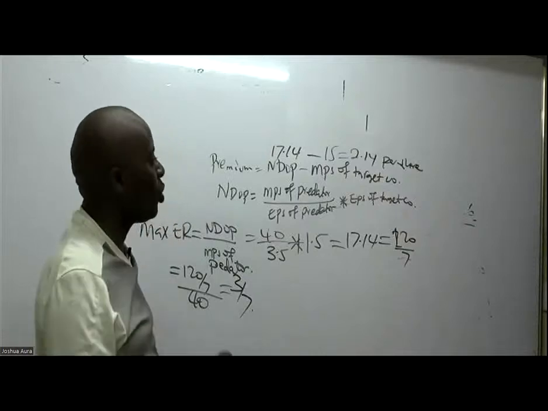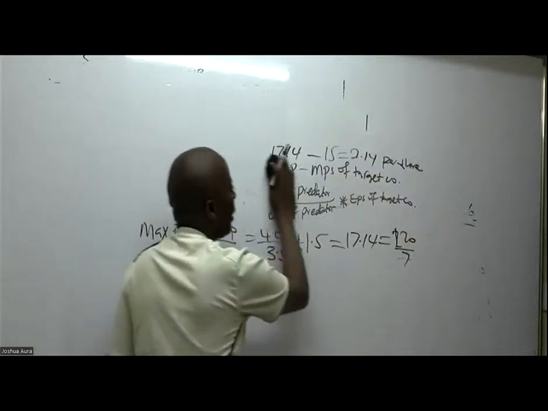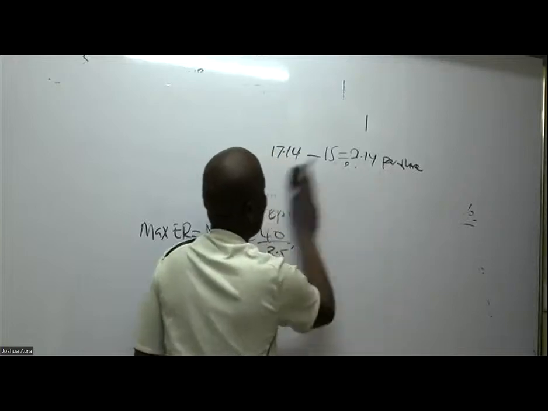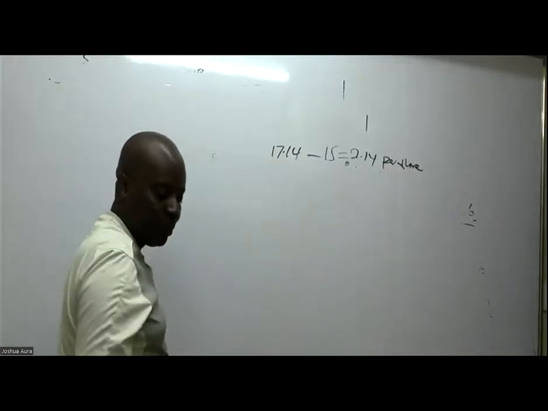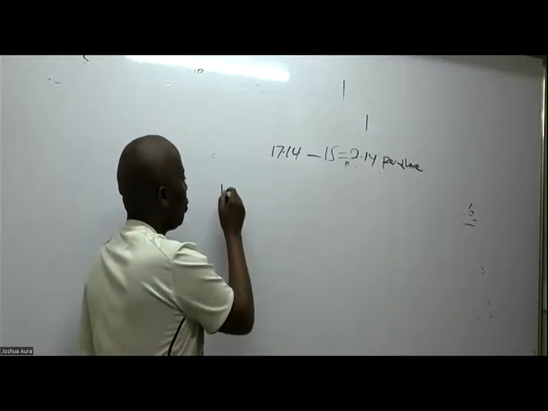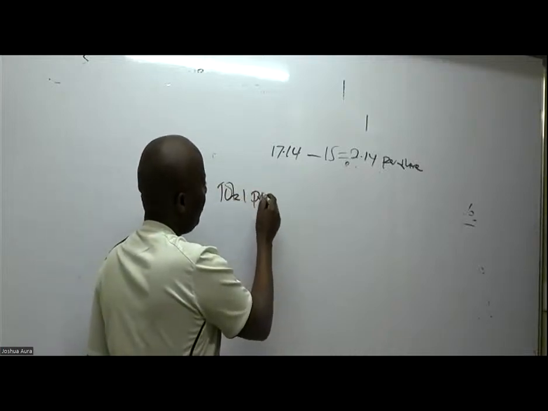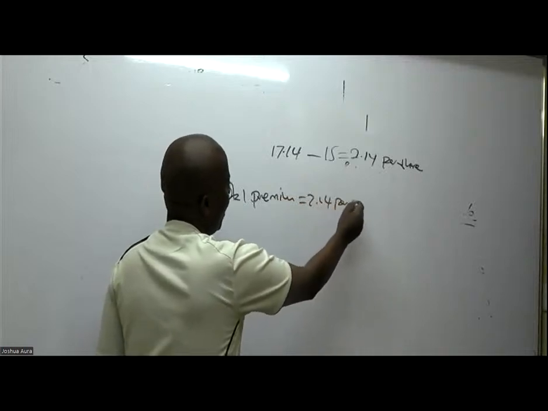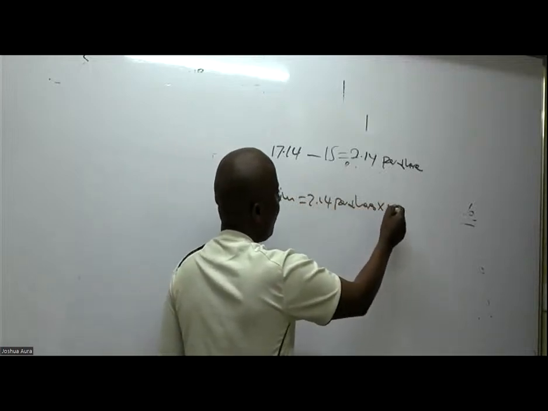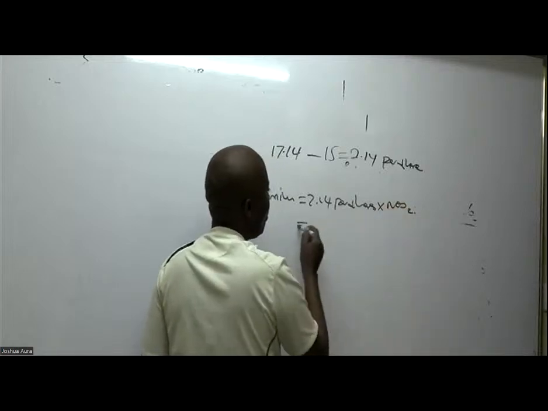To get the total premium, take the 2.14 per share times the number of ordinary shares of company 2.